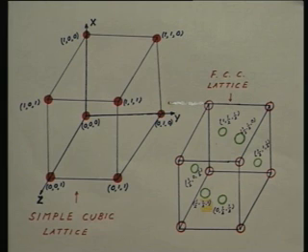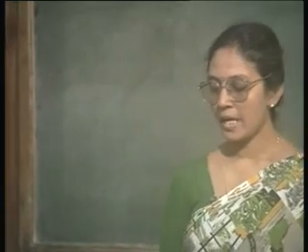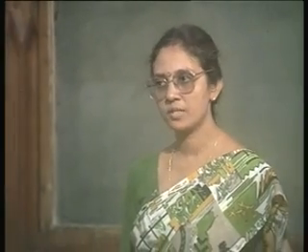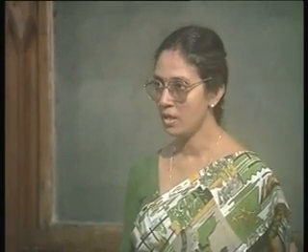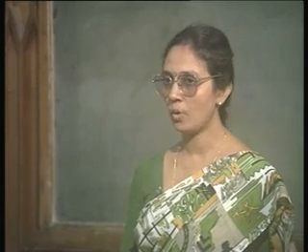In addition to the 8 corner atoms, you also see 6 extra atoms placed in the center of each face, and their coordinates are given by half half 0, half half 1, 0 half half, 1 half half, half 0 half and half 1 half, right. Very simple, is not it?